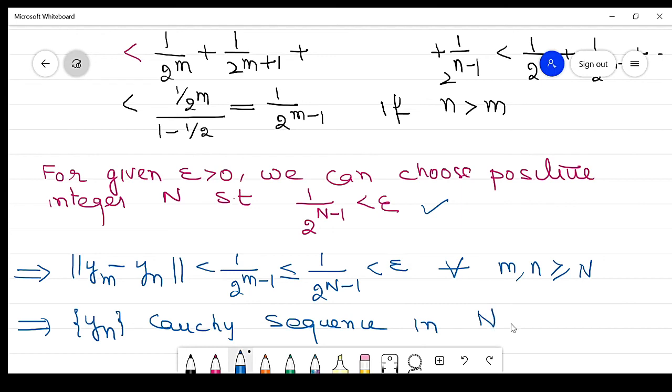So since N is complete, every Cauchy sequence in N is convergent.